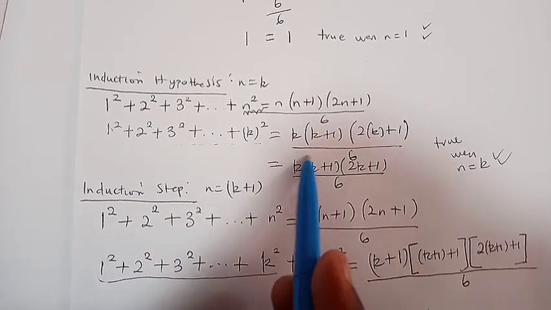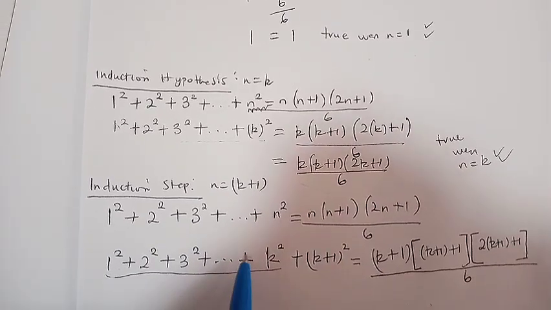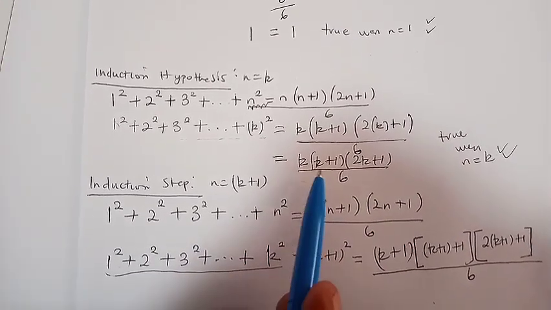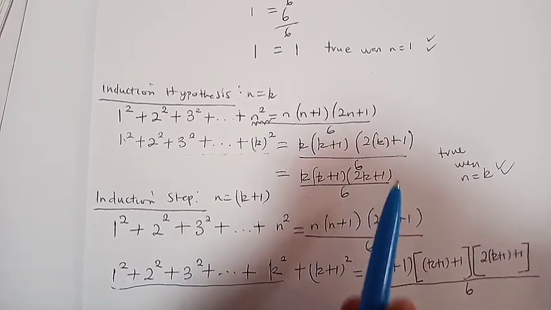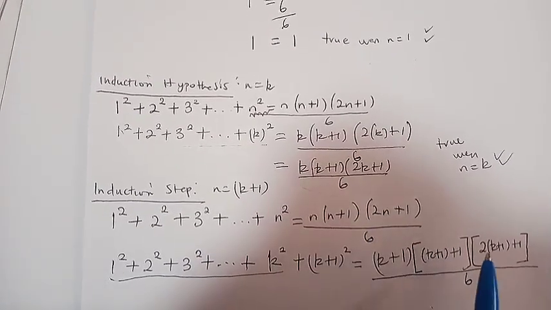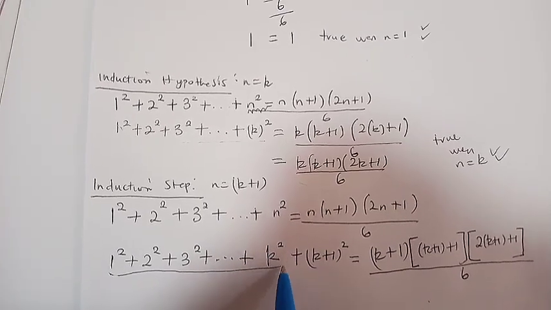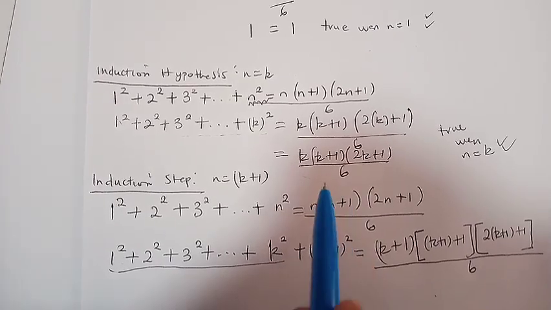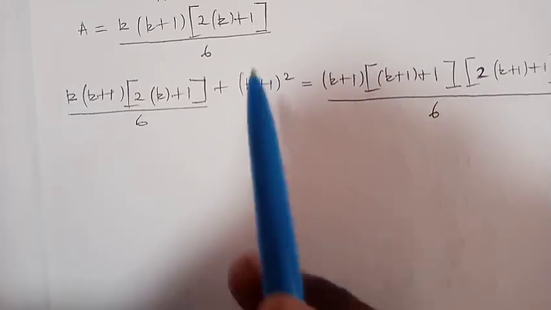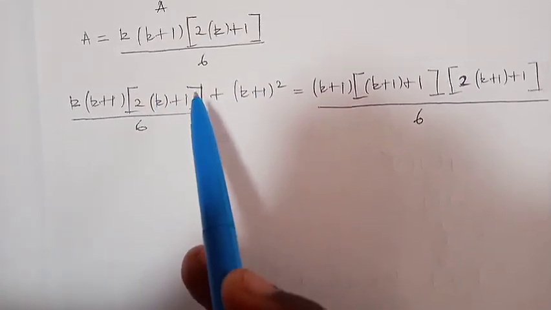So now I'm taking this portion and replacing it with this portion. Why am I removing this? Because we want to remain with k's so that we can easily simplify this whole equation. So I'm removing this part and substituting it with its equal, which is this part. That's where you find this equation now, because I've replaced here.